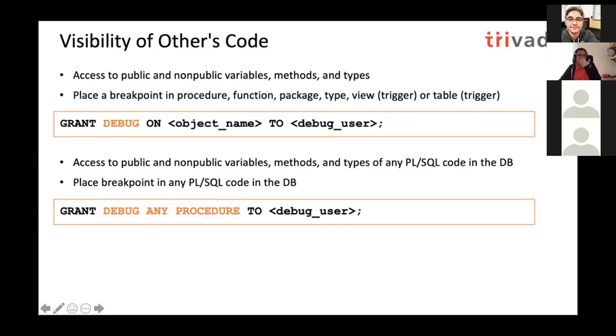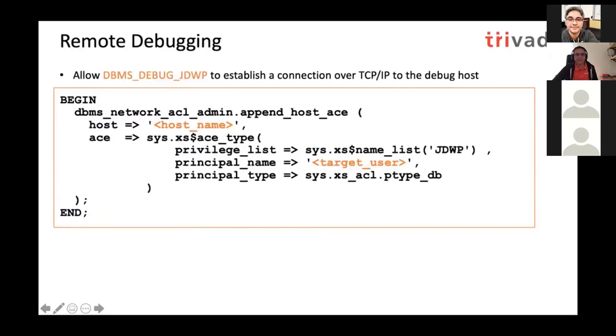And the last thing you need is you have to enable the database to communicate over the network to SQL Developer. So you have to set this ACL. There's no way around it. It's a hassle, but we have to open it.